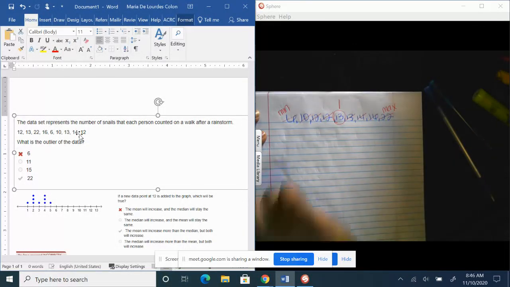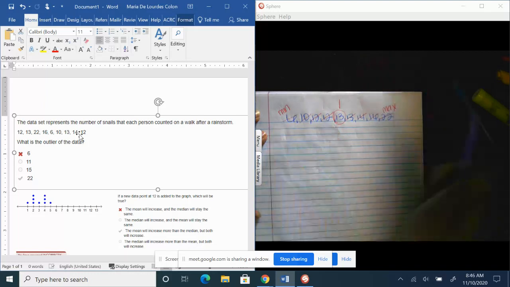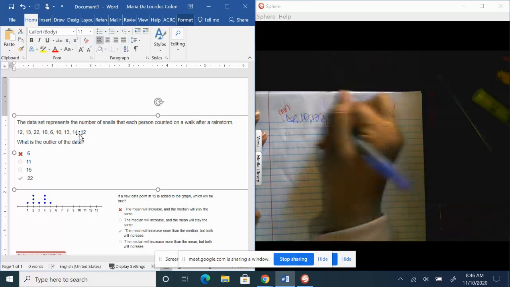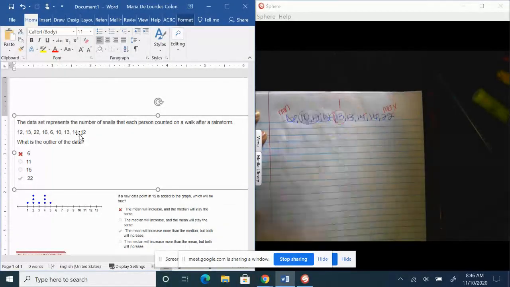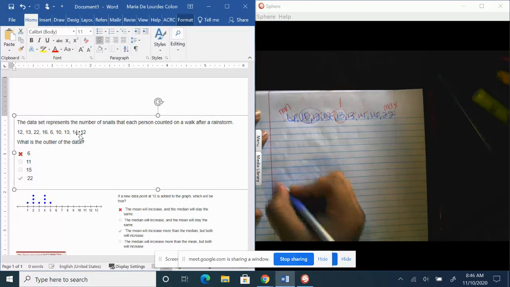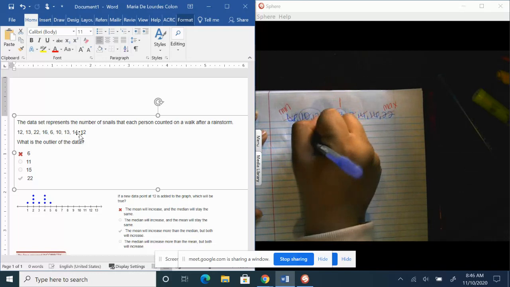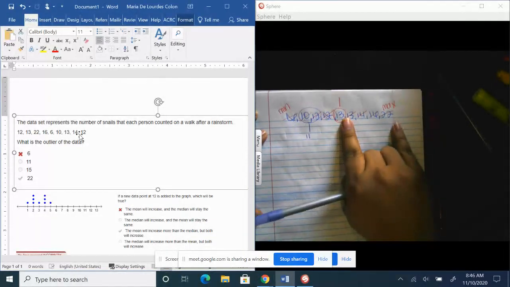So now the lower quartile, the lower end, we find the median here, the number in the middle. So now let me do a different color, 6 and 12. Now the middle of 10 and 11, the number that's in between 10 and 12 would be 11. So here then we have 11. Now the median of the upper quartile.